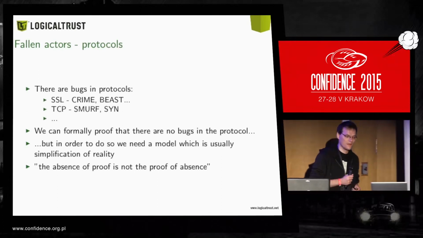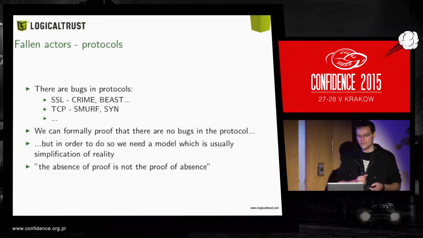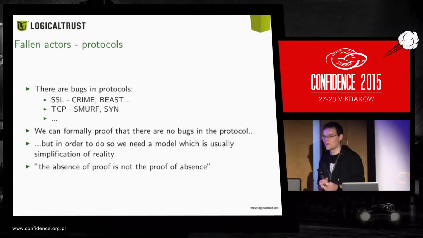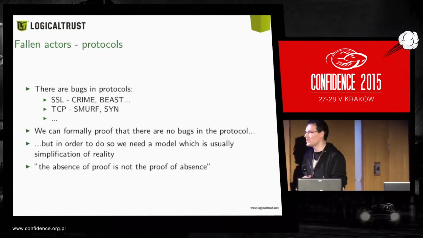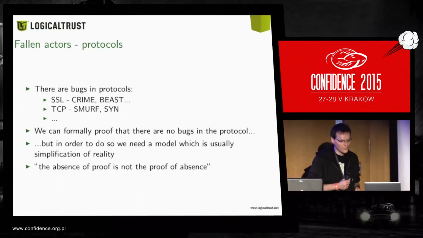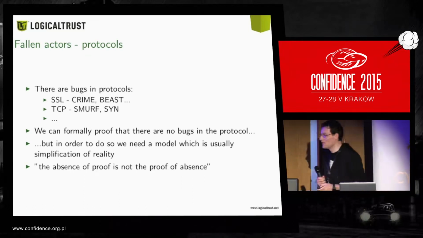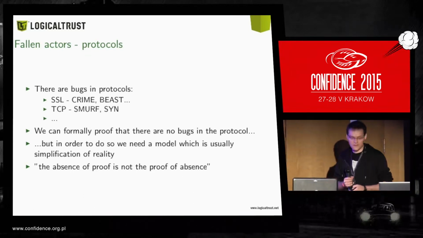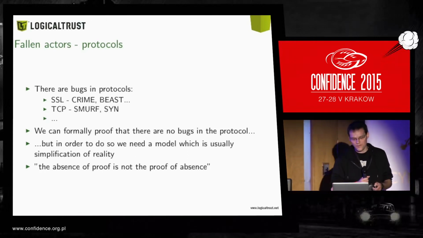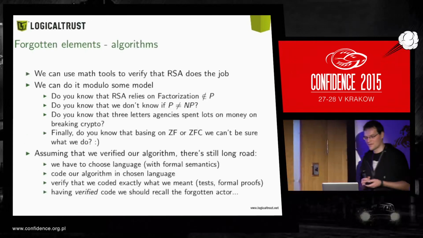Obviously, there are bugs in them too. We can formally prove that there are no bugs in SSL, for example, modulo some models, so it's not 100% bug-free. And remember that the absence of proof is not the proof of absence.